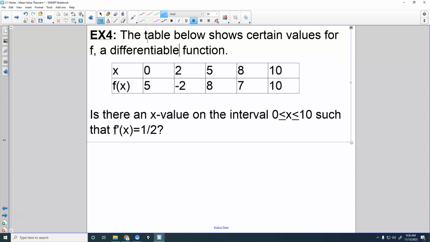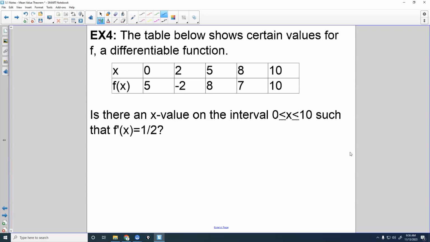It cannot be continuous or we can't do the problem. That is my fault. Alright, so the table below shows certain values for f, a differentiable function. Is there an x value on the interval from 0 to 10 such that f prime of x equals 1/2?